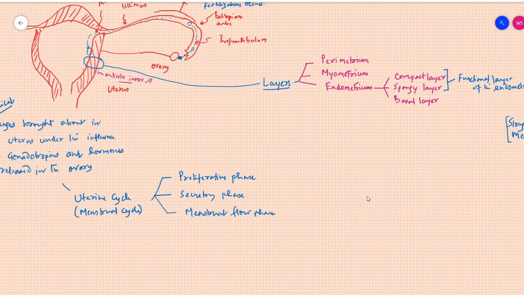All right. So it begins with estradiol and progesterone.